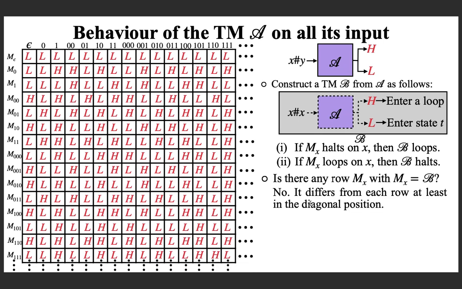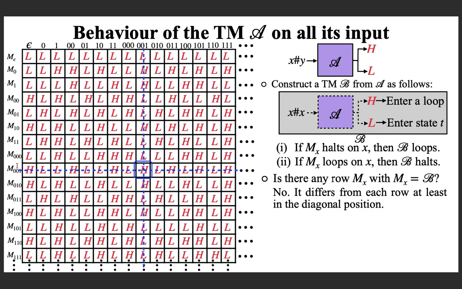You can see that the machine B at least differs from every Turing machine listed over here in the diagonal position. So if you look at any diagonal position, here I am looking at here, what is the input to the Turing machine A? It is X, Mx, right?